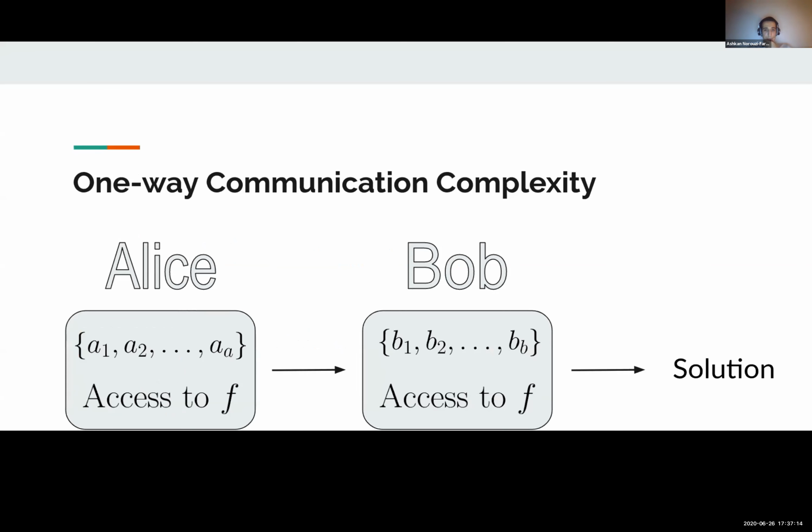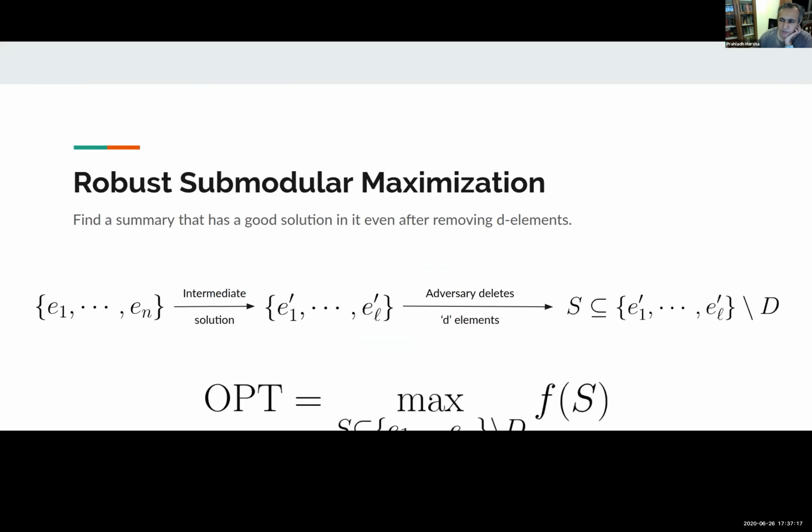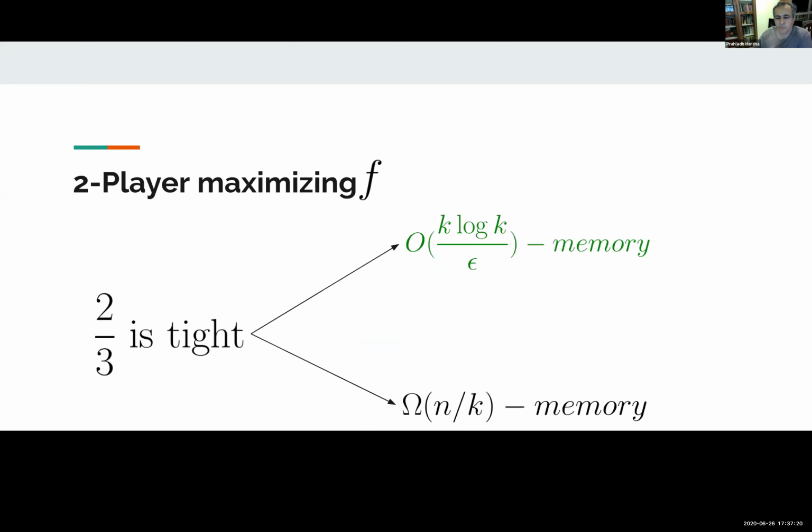Okay, let me just go to the slide. So for two players, from the hardness point of view, let's say Alice has some elements and she cannot send all of them, so she should choose some subset. For Alice, we basically give her a lot of random elements from the entire universe, and then she can just choose a few of them.